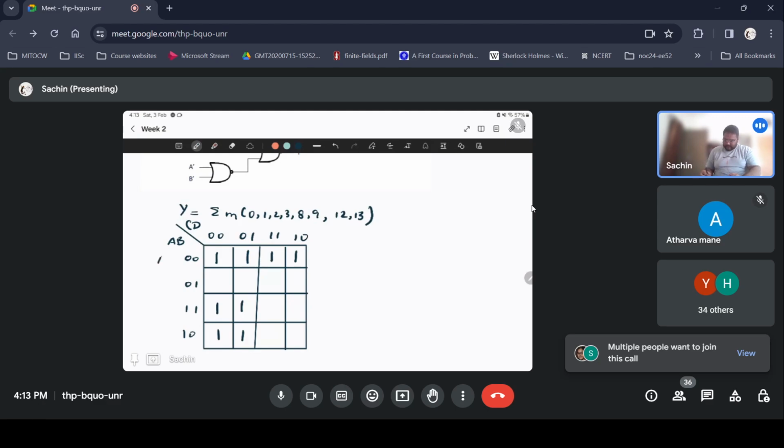So in terms of variables, this will be a bar b bar, a bar b, ab, ab bar. This will represent c bar d bar, c bar d, cd, and cd bar.